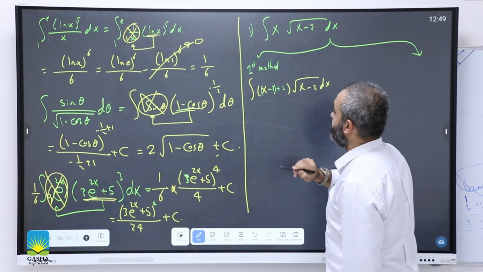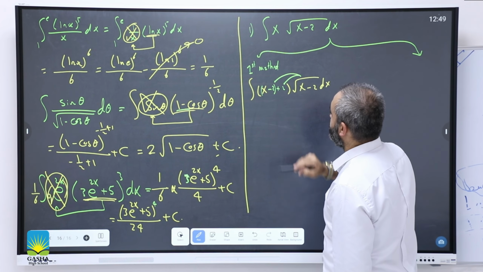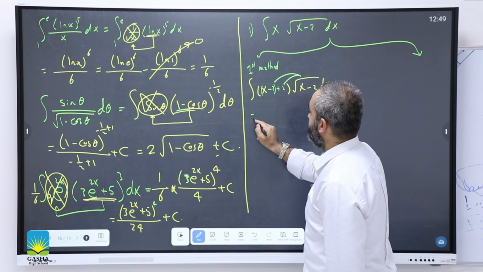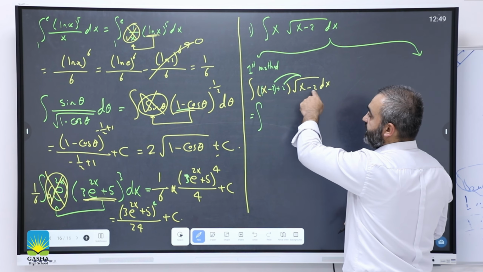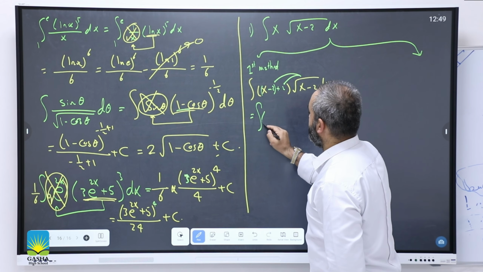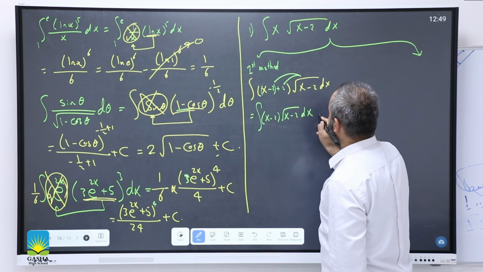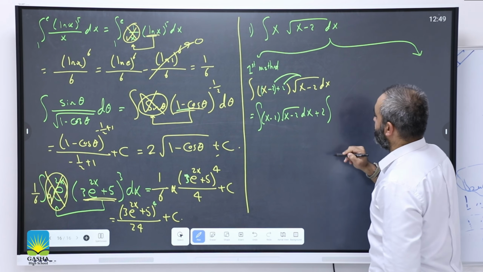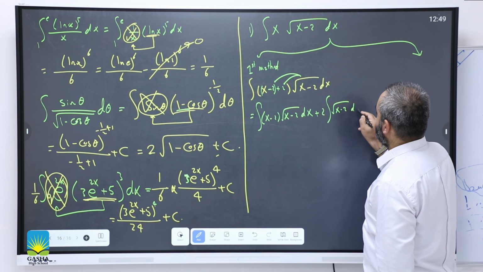So this is inside the bracket, and we multiply the square root into both terms here. So the integral of (x minus 2) square root of x minus 2 dx plus 2 times the integral of square root of x minus 2 dx, right?